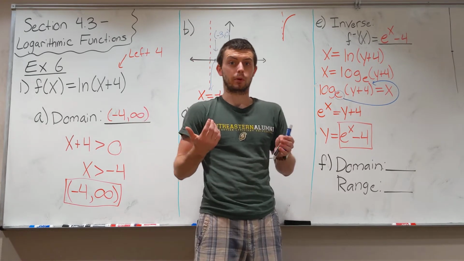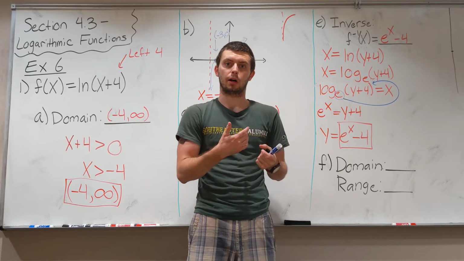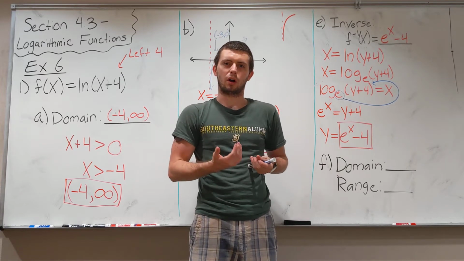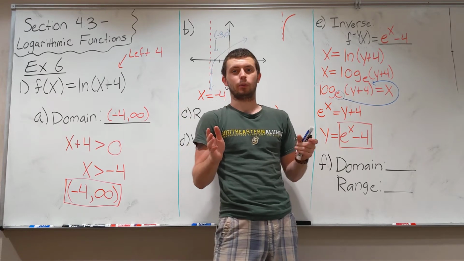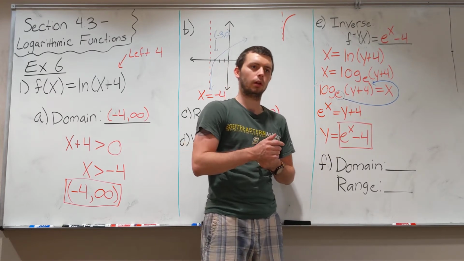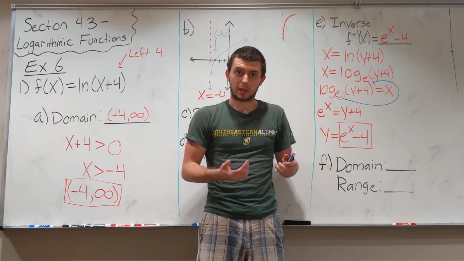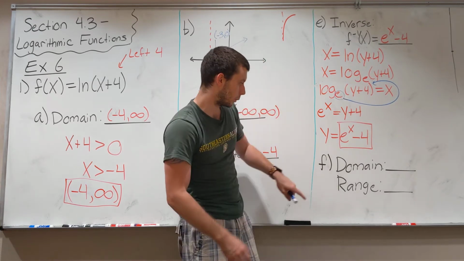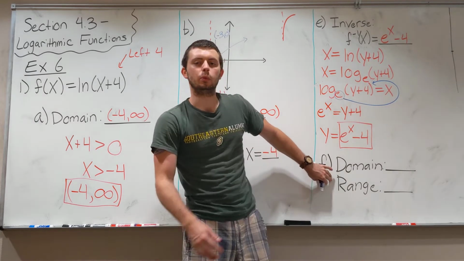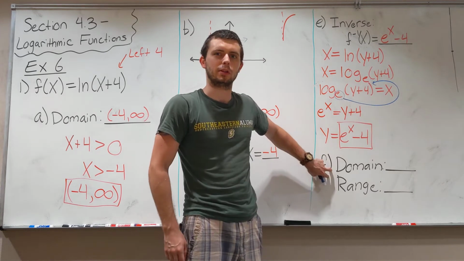When you find an inverse, you're switching x and y, and that actually has a huge consequence. When you switch x and y, it also means you switch the domain and the range. So in part F of this problem, it wants you to find the domain and range of the inverse.